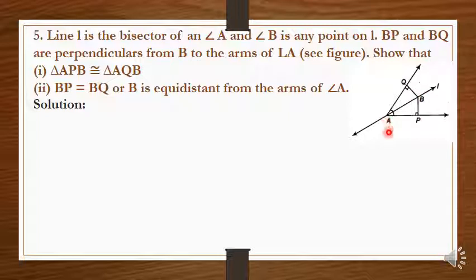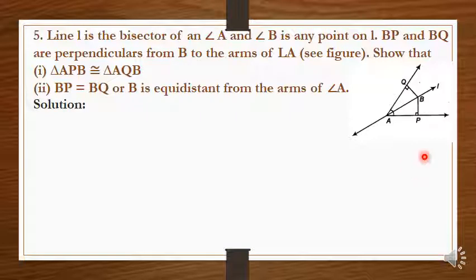So the hypotenuse is equal, but we do not have any equal side. We do not know whether BP is equal to BQ, or AP is equal to AQ. For RHS, we need a right angle, equal hypotenuse, and any one side which is equal. But we are not getting another equal side in the two triangles. Therefore, we cannot use the RHS rule here.